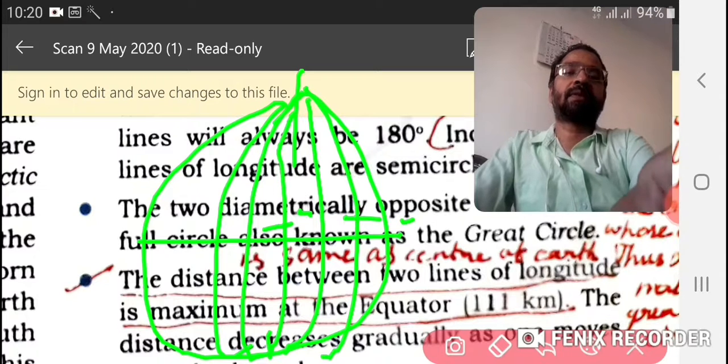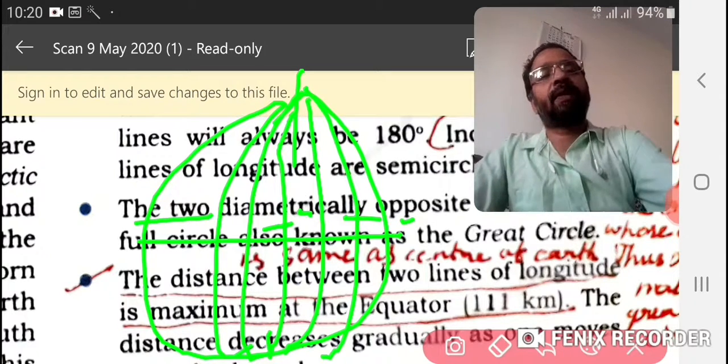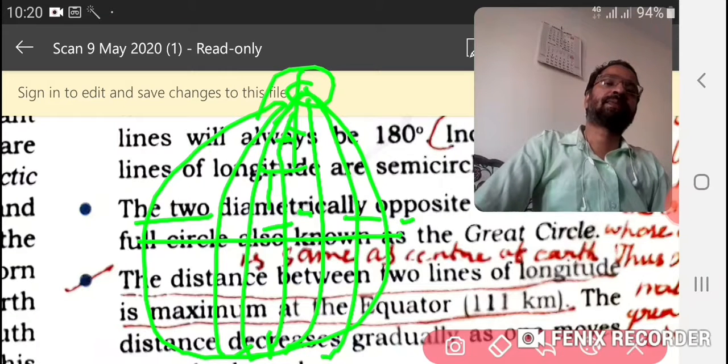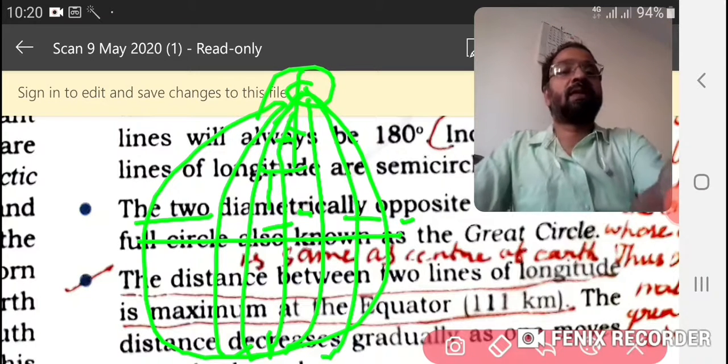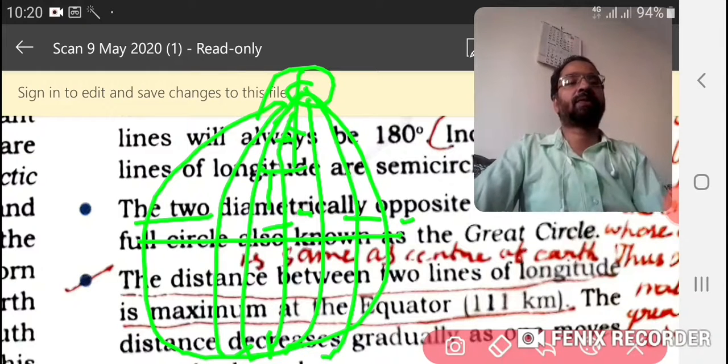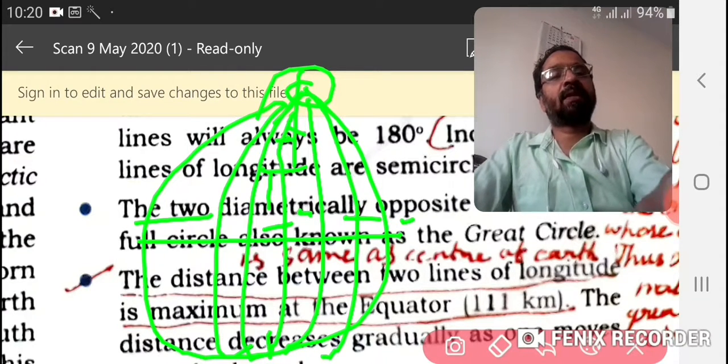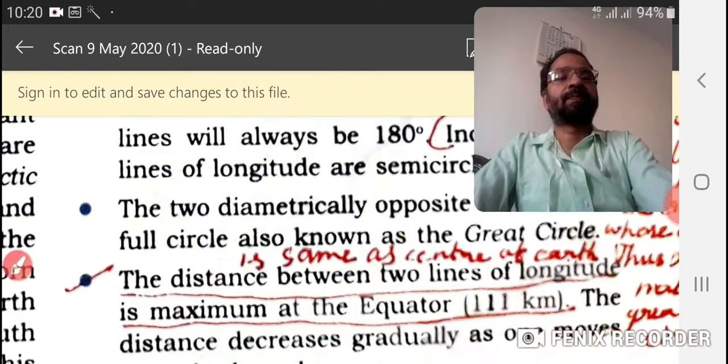But near the pole this distance decreases: here 0 kilometers, and at the equator 111 kilometers.